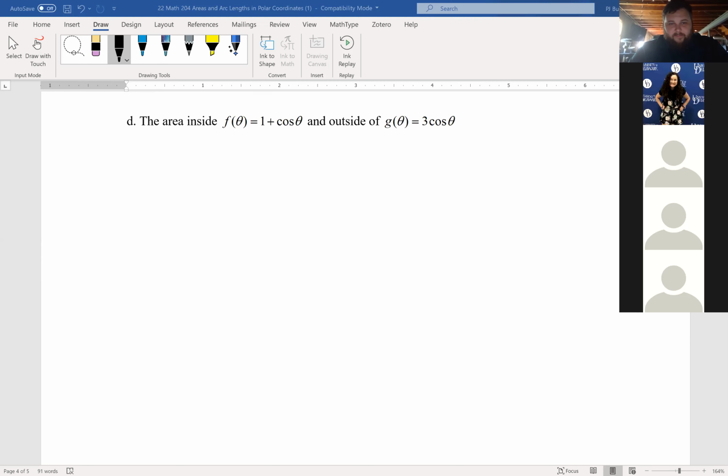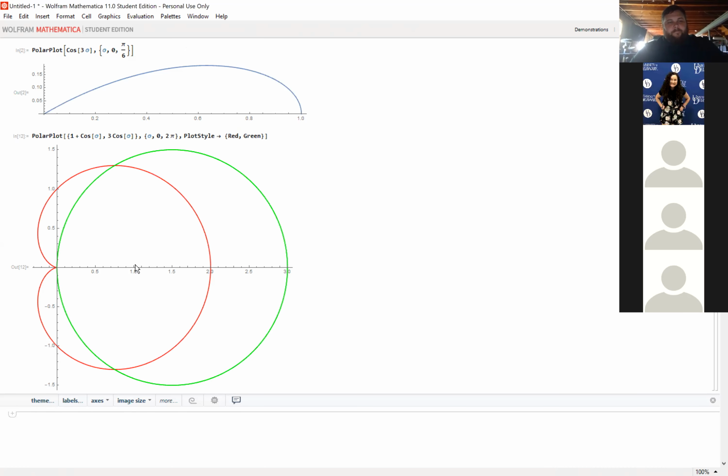All right, so I've plotted these for you. The 3 cosine theta, that's another circle. It's just been shifted.